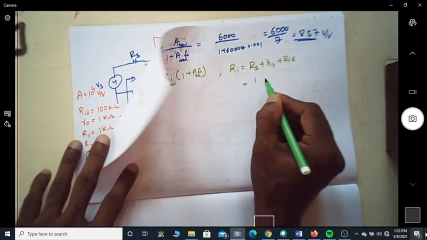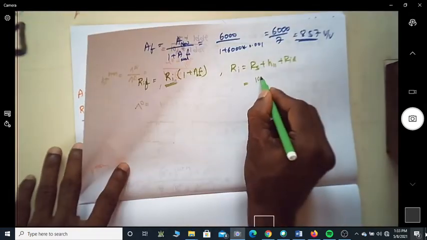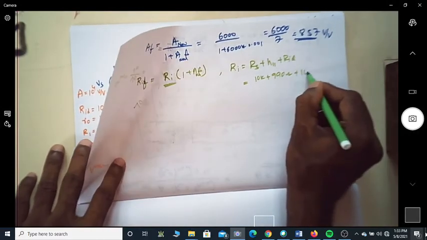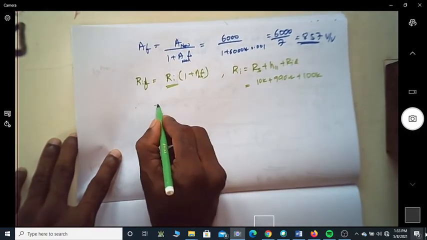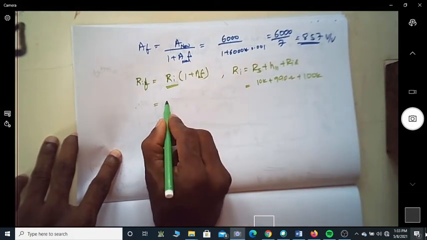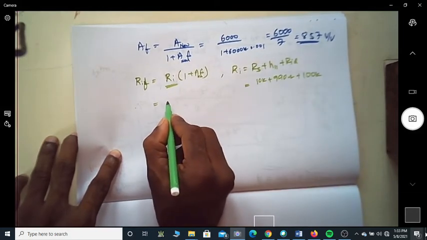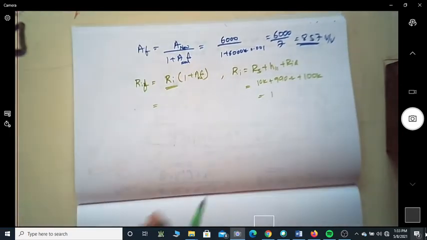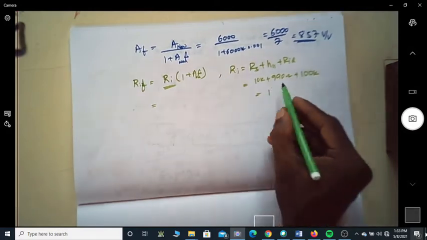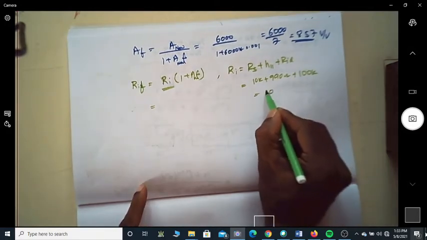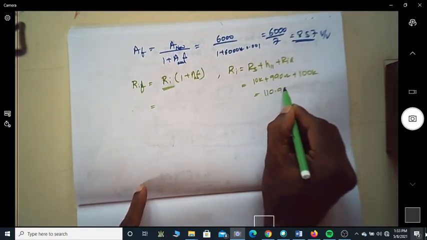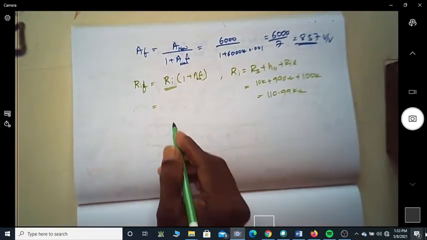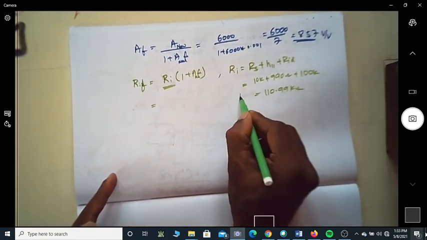Rs is 10K, H11 is 990 ohms, and Rid is 100K. So it comes to 110.99 kilo ohm, multiplied by 7. So this is Ri.